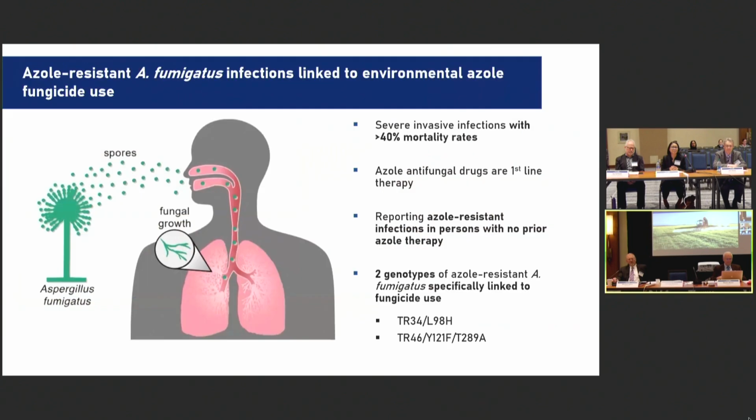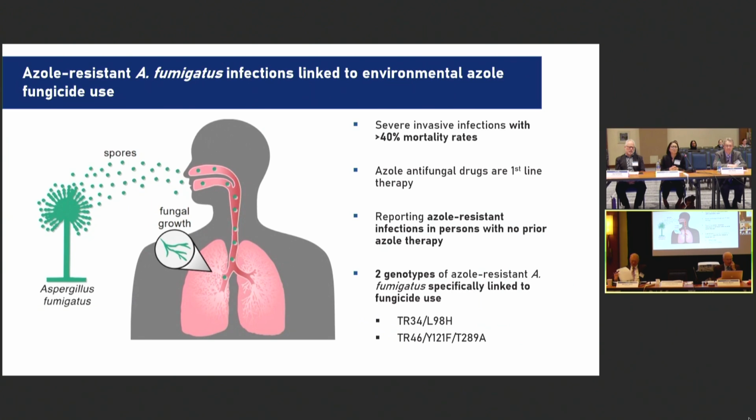Next slide. And when we first started hearing more and more reports of azole-resistant A. fumigatus infections, it wasn't entirely surprising, because since the 90s, we've seen these infections, especially among people receiving long-term azole therapy for chronic pulmonary aspergillosis.